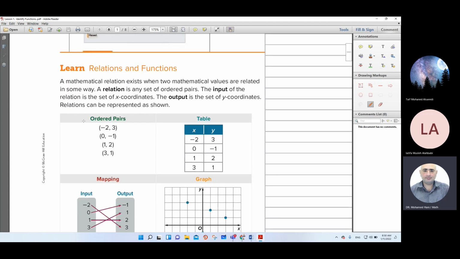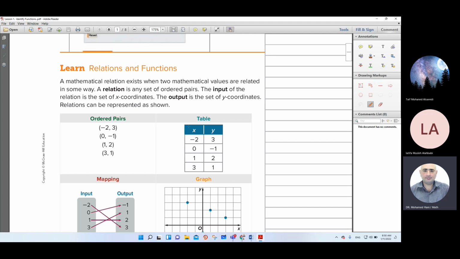As you see here, we have the ordered pairs x, y, and here we have the table. The values of x are -2, 0, 1, 3. The values of y are 3, -1, 2, 1.